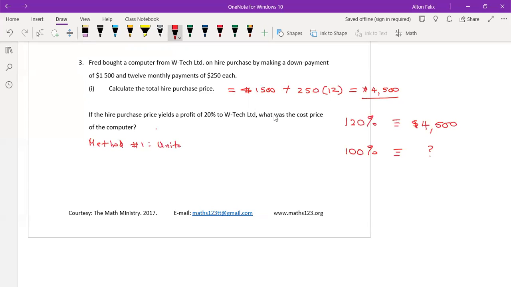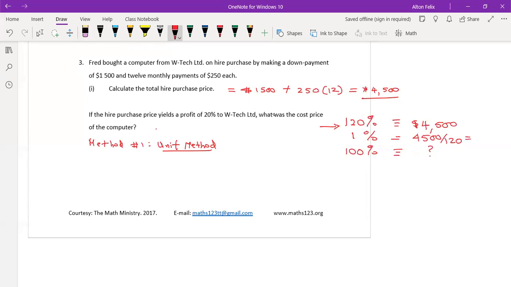I'm just calling it that. What this method says is if you know 120% is equivalent to that, you find what represents 1%, which will be 4,500 divided by 120.